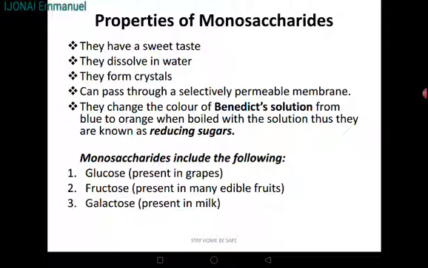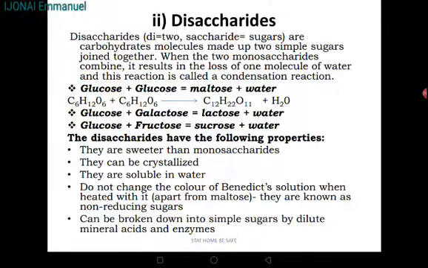So we are going to proceed to another type of carbohydrates called the disaccharides. Now, if monosaccharides contain one sugar molecule, what do you think disaccharides are constituted of? Yes.